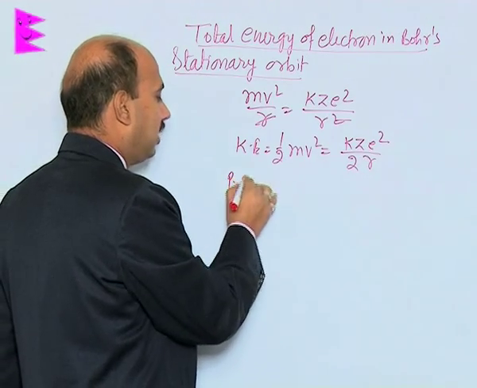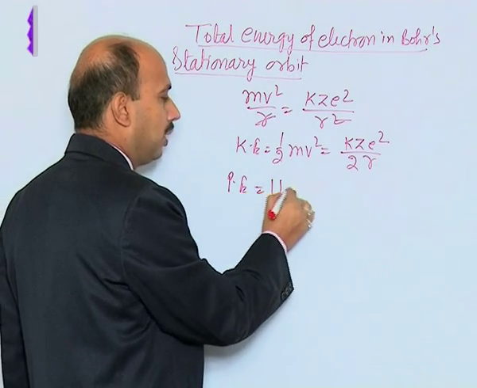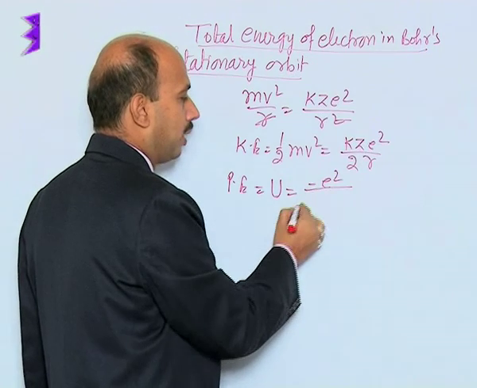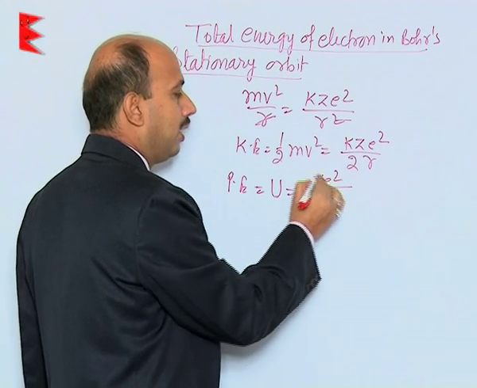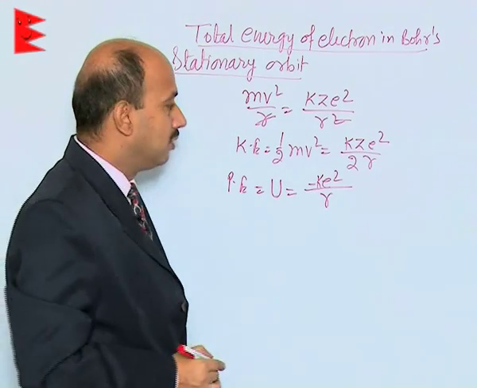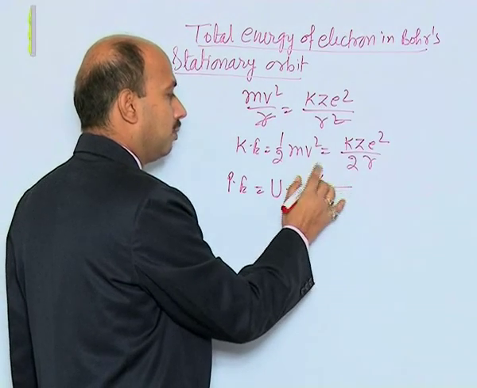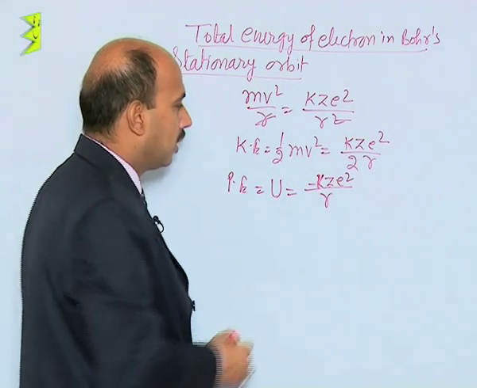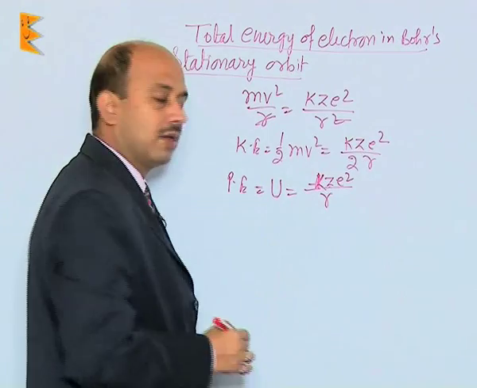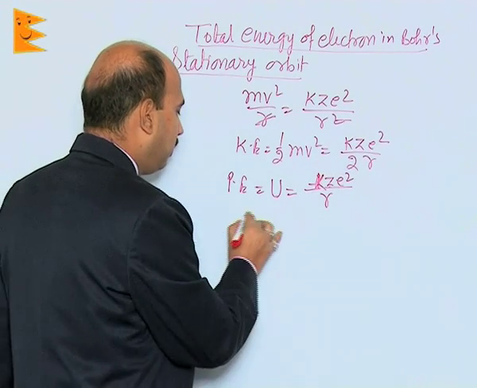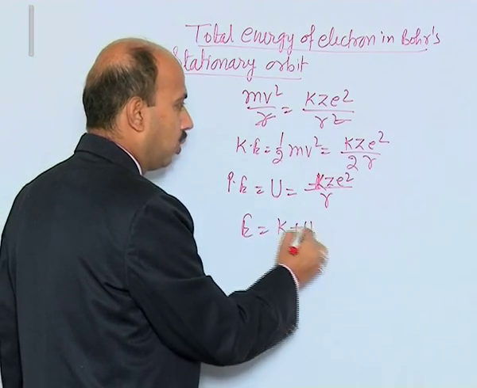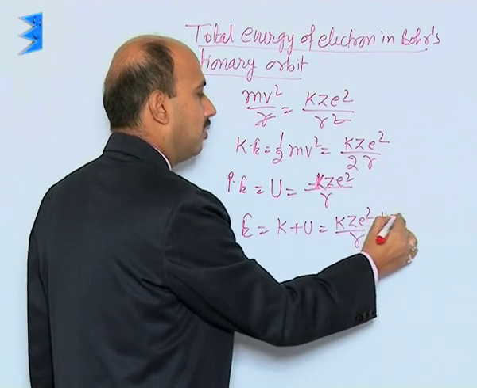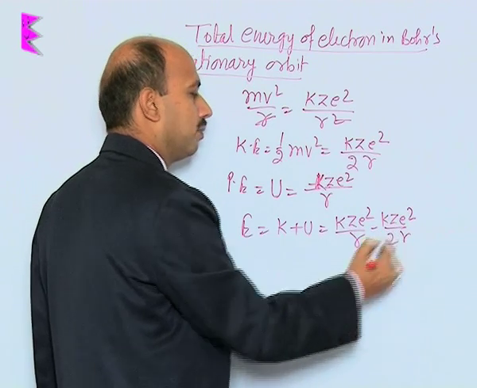Now we can calculate electrostatic potential energy also. The potential energy can be written with symbol U. U is equal to minus kze square upon r, where z is the atomic number. So this is the electrostatic potential energy. So total energy we can write as K plus U, that is kze square upon 2r minus kze square upon r.